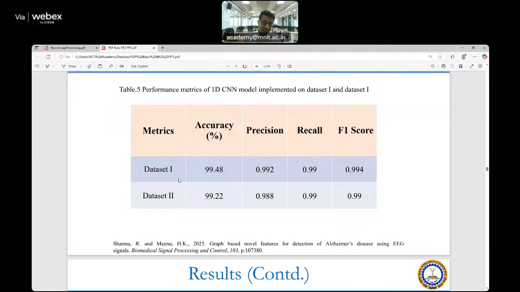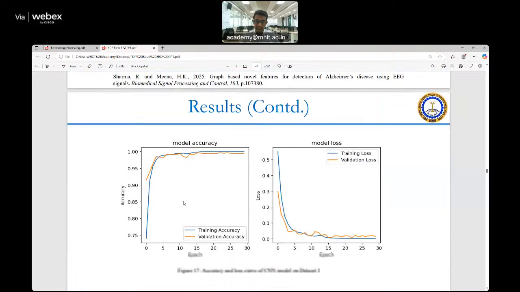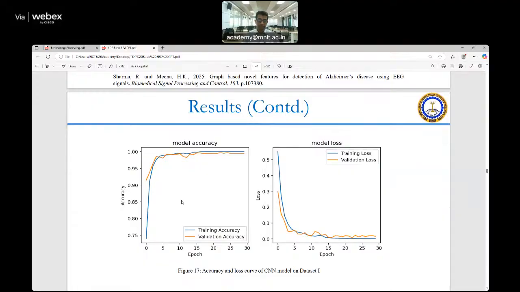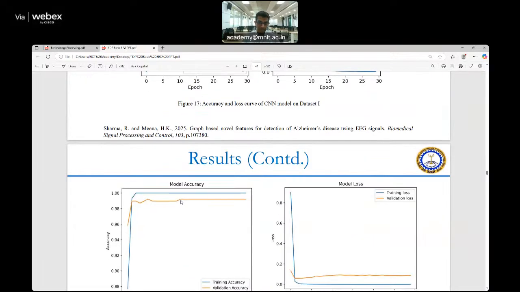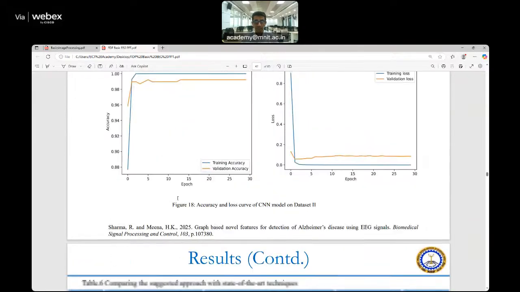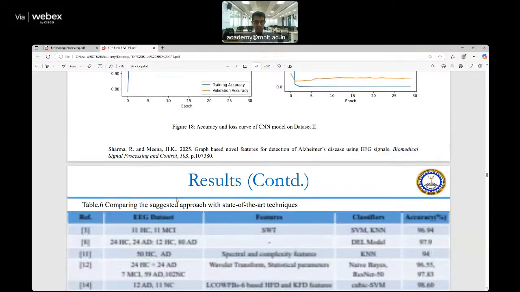Overall, if we summarize this result, our accuracy is 99.48 for data set 1, and 99.22 for data set 2. When we compare it with the CNN model, we have also drawn the CNN model because that is quite popular, where all these things started.